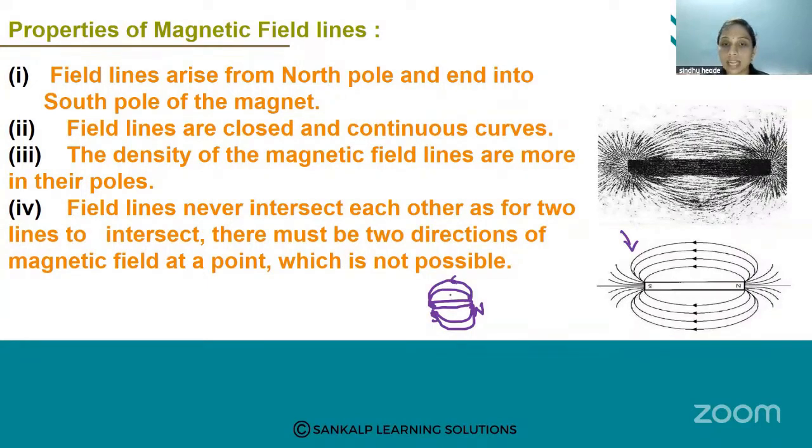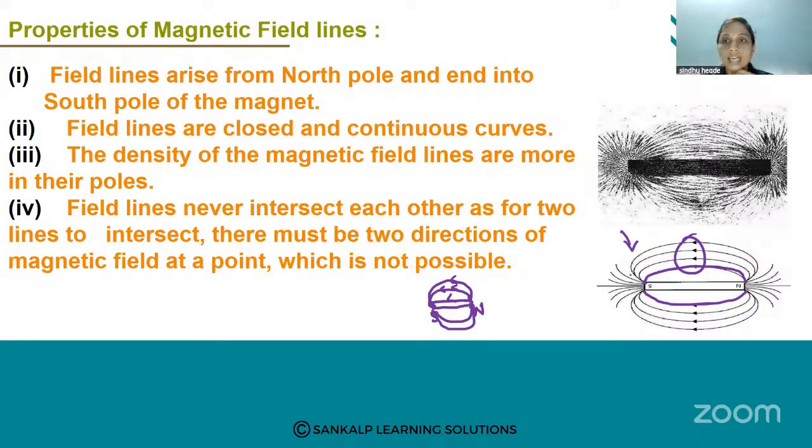Why does it show like this? Because it is from north to south. This is the first property. You should remember this: field lines always arise from north pole to south pole. It starts from north and ends into south.